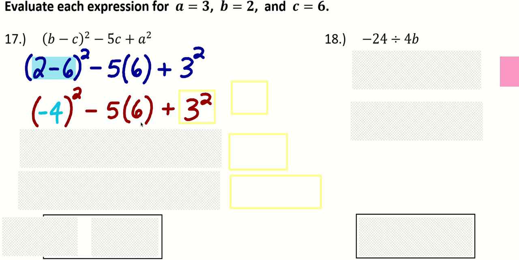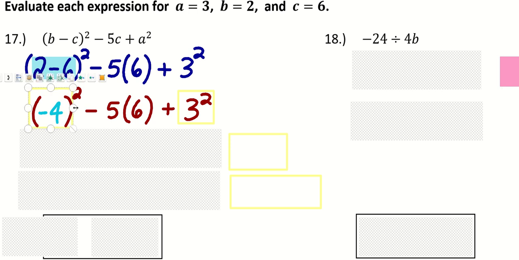The only reason we have parentheses is to show that we're doing negative 5 times 6. And the only reason we have parentheses here still is to show that we are going to be squaring not just 4, but negative 4, the negative included. So there's nothing to do in parentheses. So the P is over. Next we move on to E.